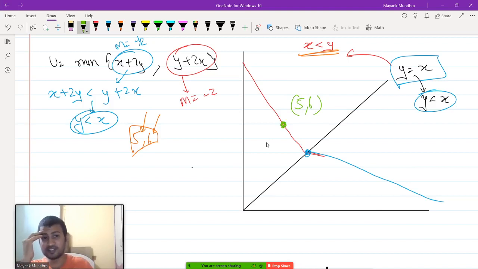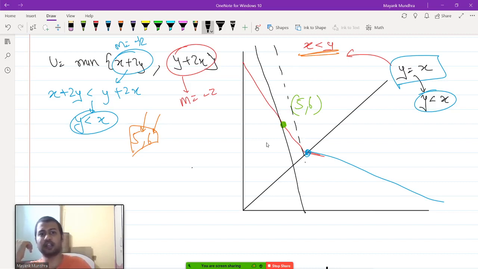Okay, so when she is consuming at this point, it basically means that her indifference curve should be coincidental with this red line. There can't be any other situation. You cannot have a situation where the indifference curve actually is like this, because then there will be an indifference curve to the right which will be affordable and give her higher utility.